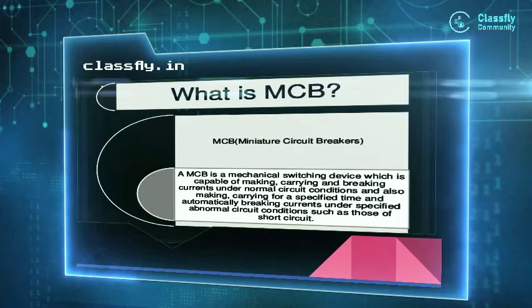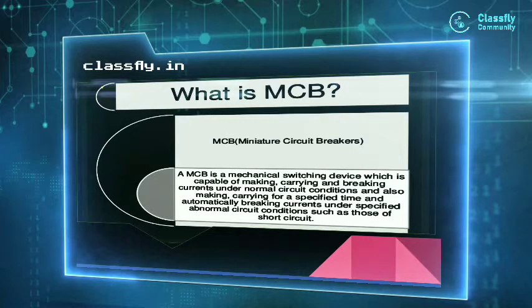It has three main functions: it will make, carry as well as break the current under normal conditions, and also make, carry for a specified time and automatically break currents under specified abnormal circuit conditions such as those of short circuit.